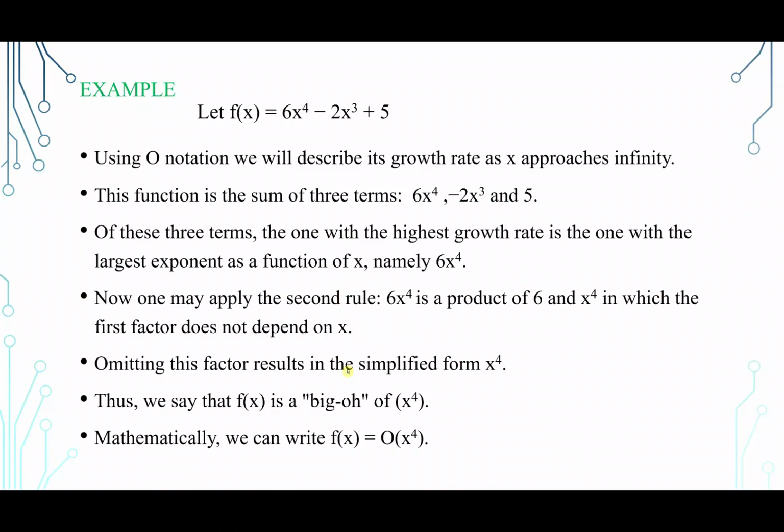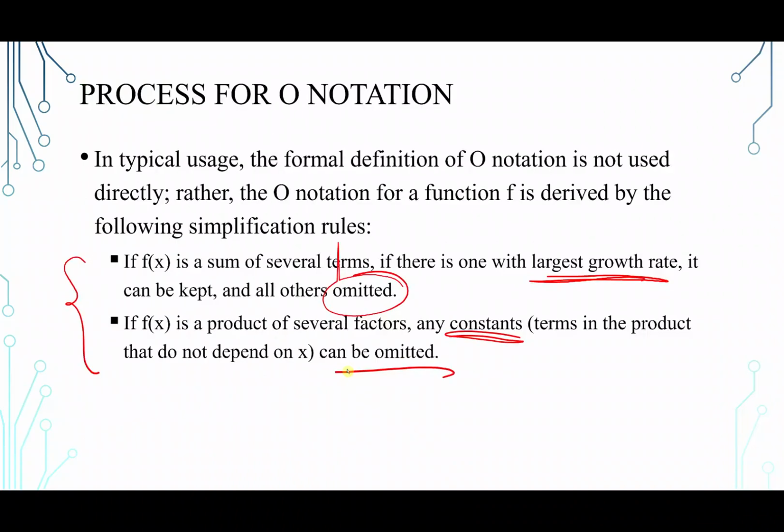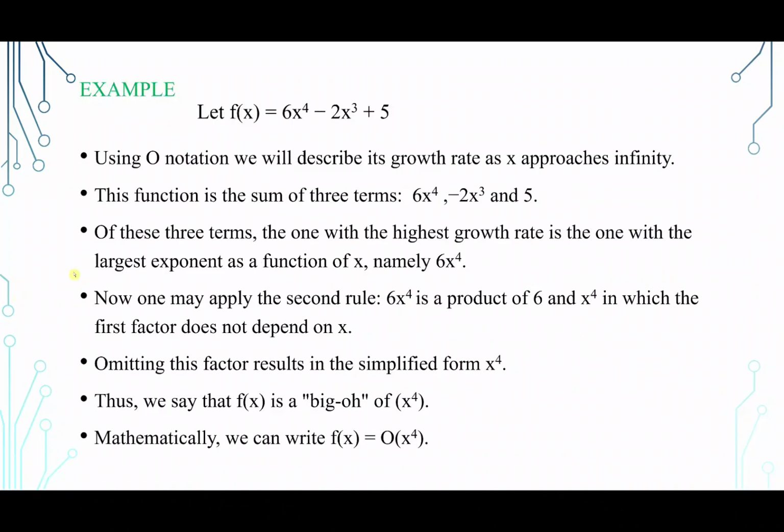Okay. So for example, if we have f of x equals 6 times x to the power 4 minus 2x cubed plus 5, using those two rules, I'm going to solve that and deduce the big O notation of this formula.